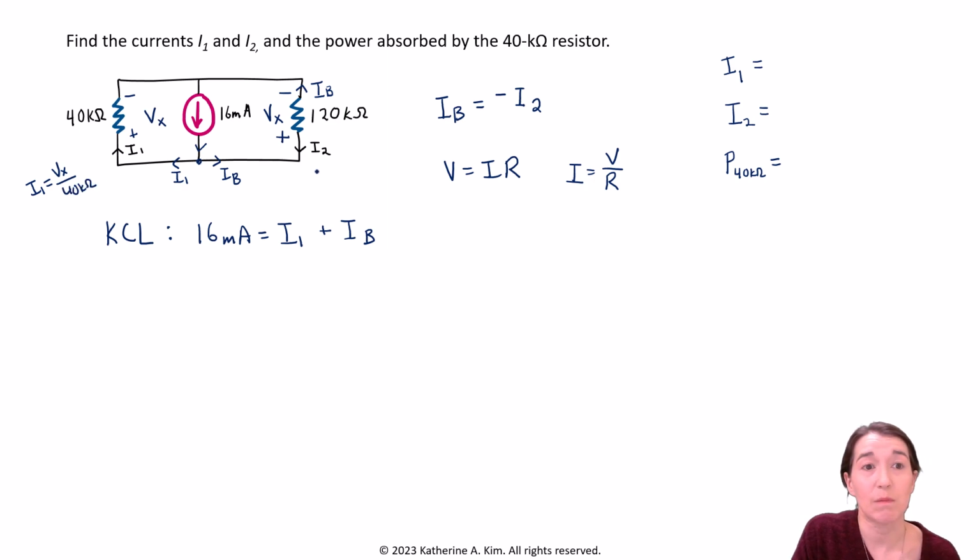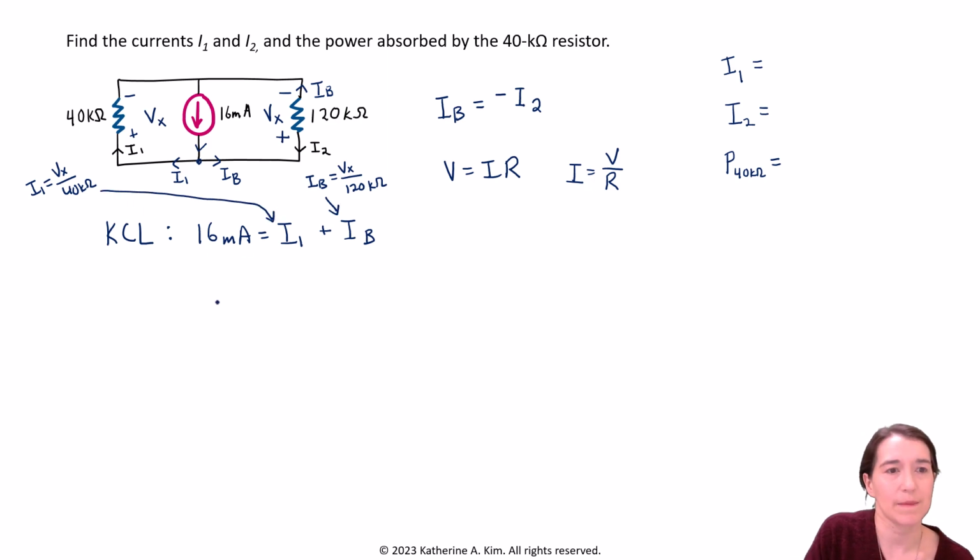And I can write IB over here. Remember, we're working with IB. And I can write that as Vx over the resistance, which is 120 kilo ohms. All right, so now I can plug those values into each of these equations, and let's rewrite that.